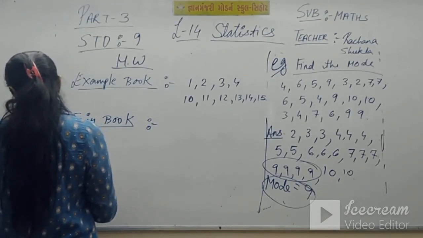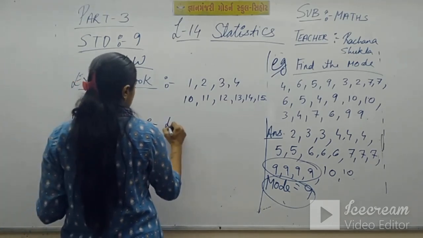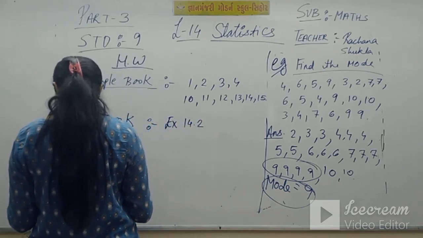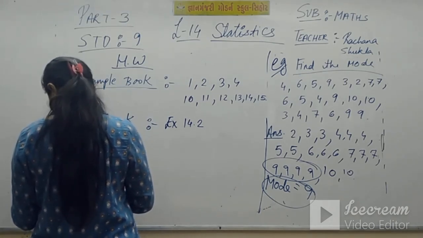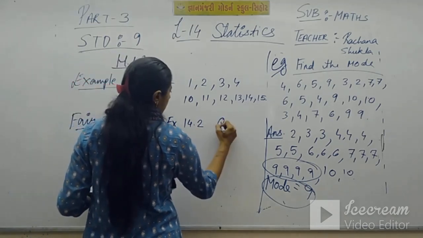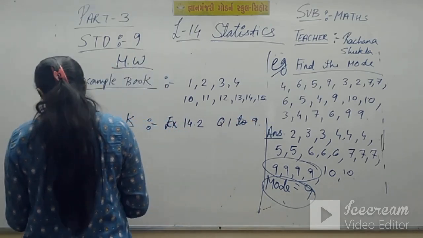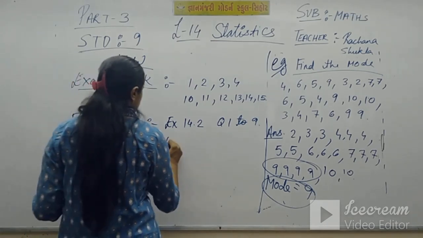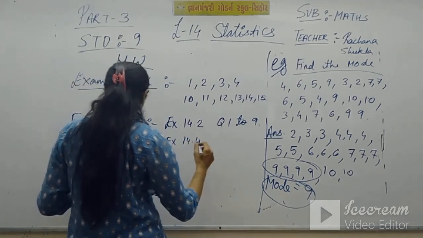There is nothing in 14.1, so you will do 14.2, exercise 14.2, all the 9 sums, question 1 to 9, all the sums, and then directly 14.4, exercise 14.4, question 1 to 5.